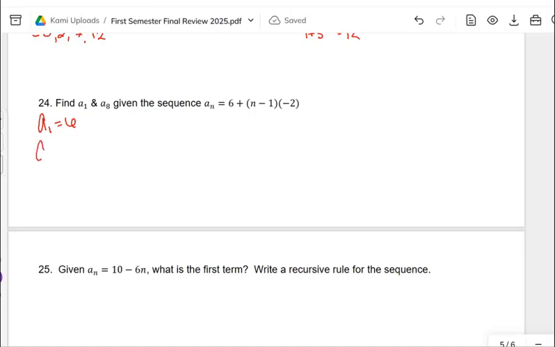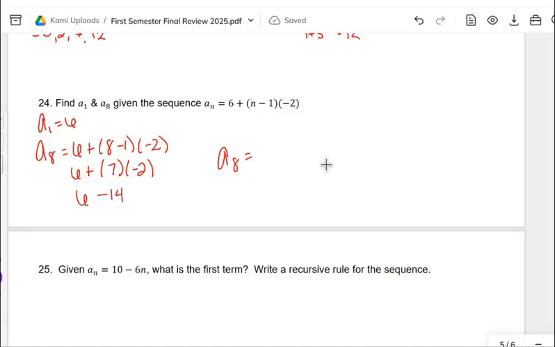Then to find a8, I'm plugging 8 in for n. So I'm going to have 6 plus 8 minus 1 times negative 2. 6 plus 7 times negative 2. 6 minus 14. So a sub 8 would equal negative 8.